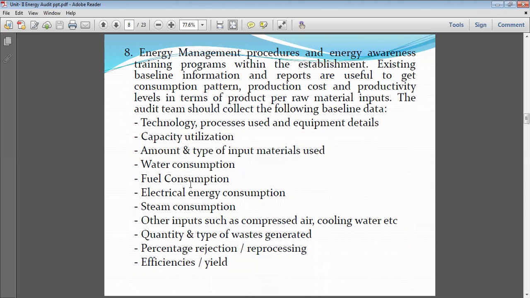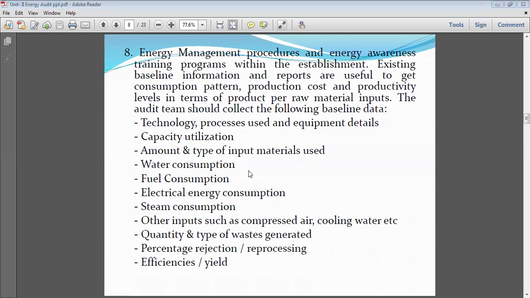Okay. So therefore, these are the things which have to be understood: the capacity utilization. Next, the amount and type of input material used, and water consumption.